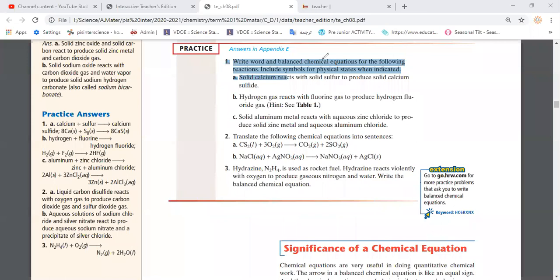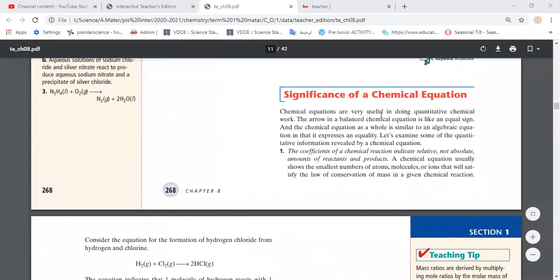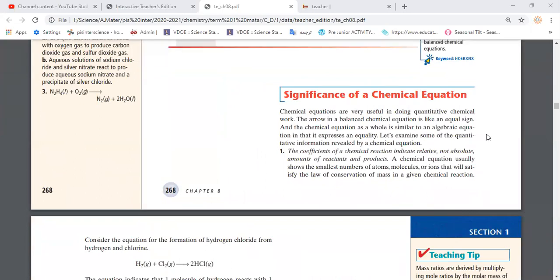Okay, so today, inshallah, we're going to continue our lesson. We took today about the significance of a chemical equation. What does it mean? That means what could I predict from a chemical equation? And last time we said that the chemical equation, or the formula equation, could represent more details about the chemical reaction.